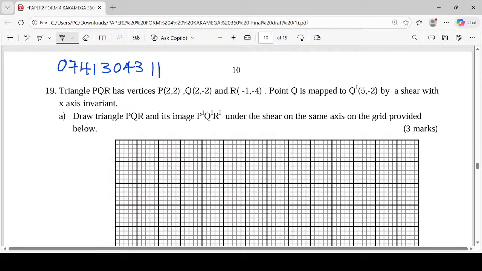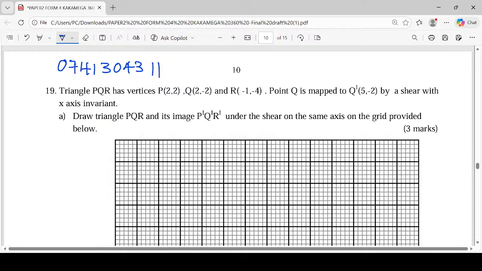So let's have a look at question number 19, ladies and gentlemen. A very, very interesting question once again. The triangle PQR has vertices P (2, 2), Q (2, -2), and R (-1, 4).